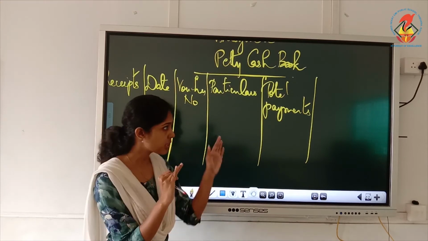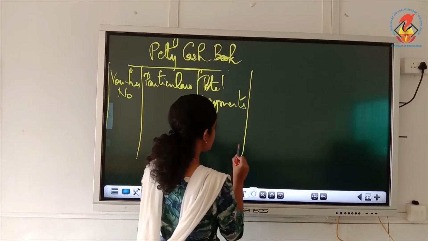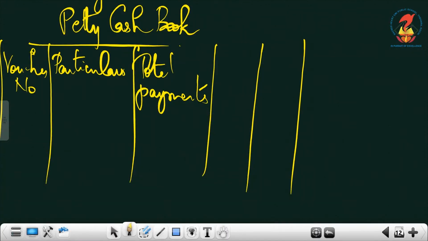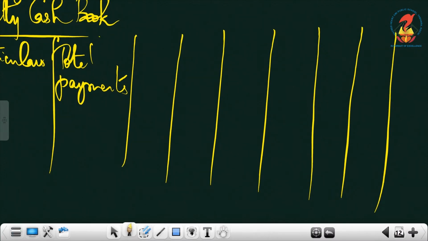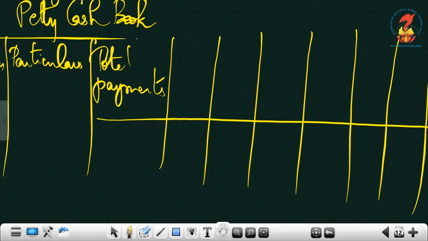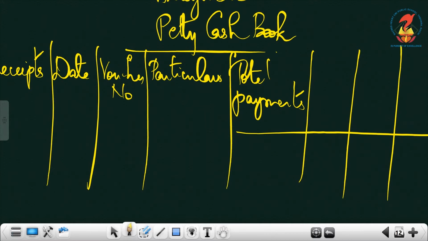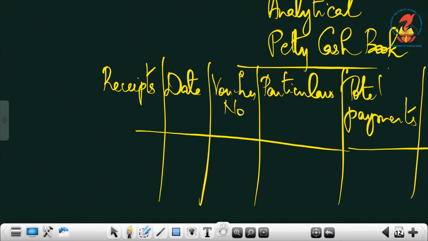So altogether 7 columns you have to draw. So 1, 2, 3, 4, 5, 6, 7. Yes, so this is how you have to draw the format. Depending on the expenses, you have to draw columns after this. For that, you have to read the question.